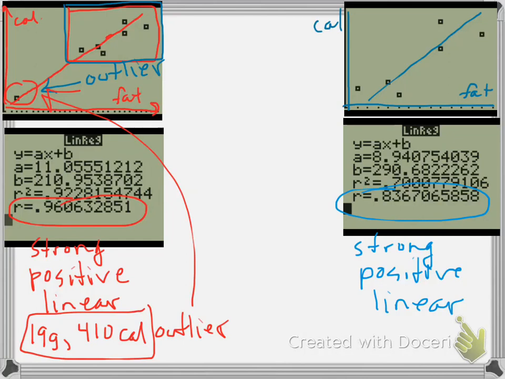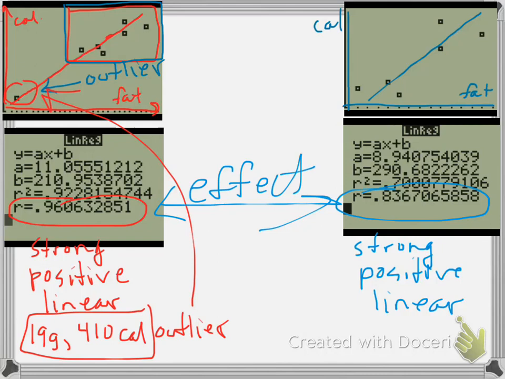Okay, so we've got all the descriptions there, but we can see definitely the outlier has an effect on the correlations. So there is an effect. We already talked about that before. And so we see some kind of relationship that it is unhealthy, that it seems like as the fat content increases, the calories increase. And we saw it in both graphs.